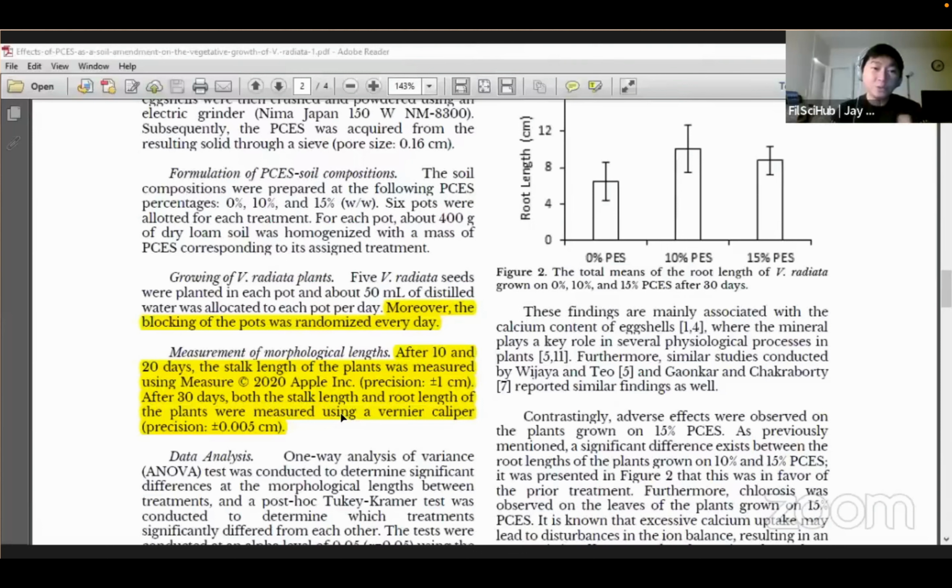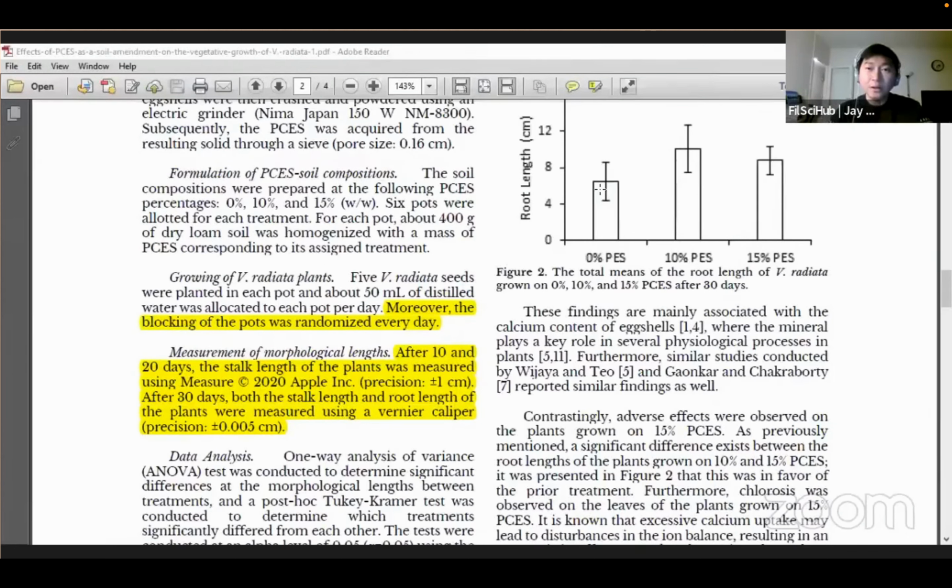So we try to randomize the samples so that they receive an unbiased amount of, let's say, a certain confounding variable. Confounding variable na po ito kasi hindi naman nila tinalakay yung effect ng sunlight dun sa growth ng plants. It's just the amount of this active ingredient.